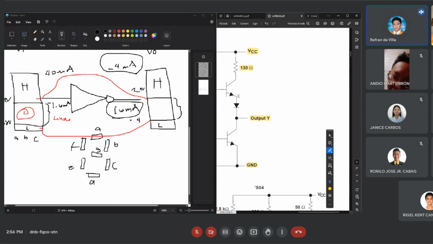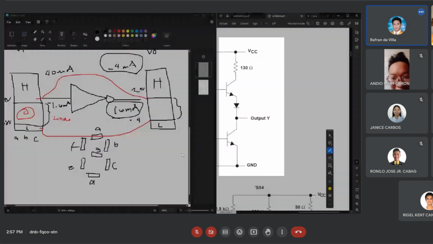Ang kaning BJT dire would close, allowing current to flow. Okay? Through the collector emitter junction, then padong sa output dire, generating the current output high. While the transistor dire sa ubos will be open. Okay?